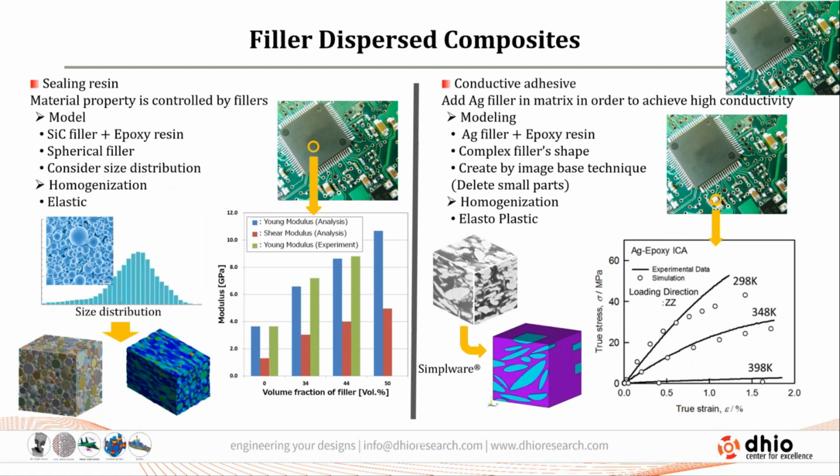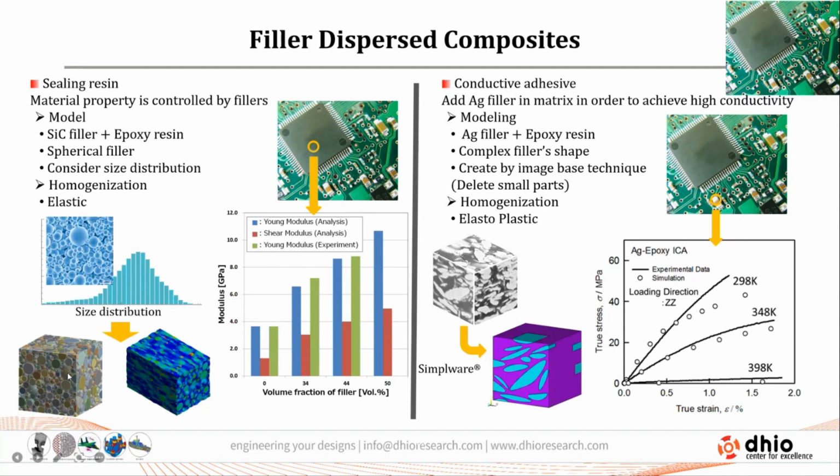Apart from that, if you want to analyze the Young's modulus properties of the semiconductors, you can perform it here. Like this particular semiconductor, the sealing resin is composed of a silicon carbide filler plus epoxy resin, which is a spherically filler distributed composite actually.